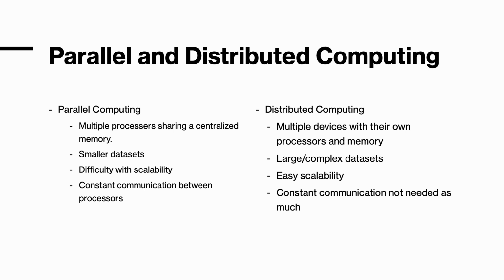So it's a lot better for large data sets that don't require near-time results for processing. The scalability is a lot better than parallel computing because you can add as many computers to the network as it can handle, which gives you that much more computing power. And constant communication is not needed as much as in parallel computing.